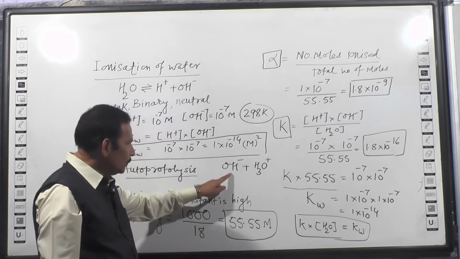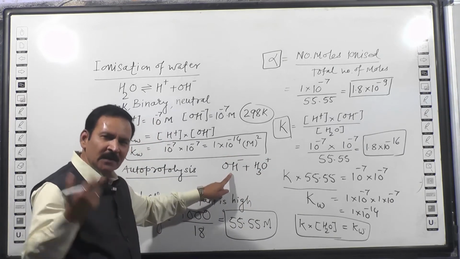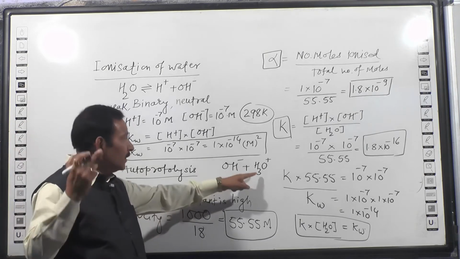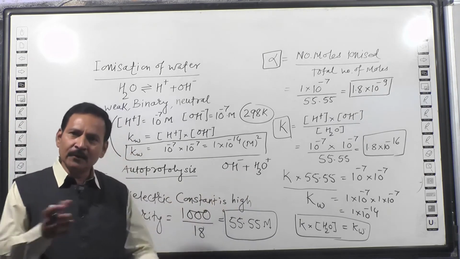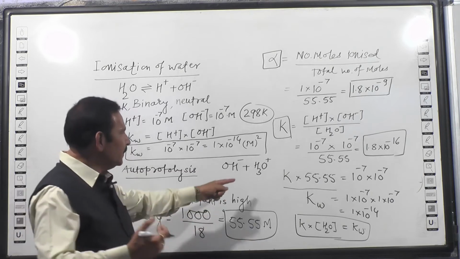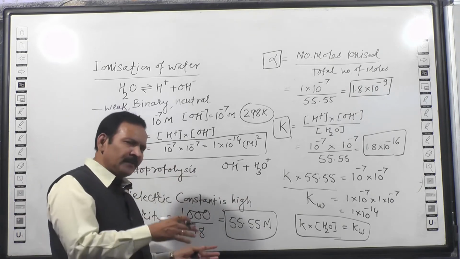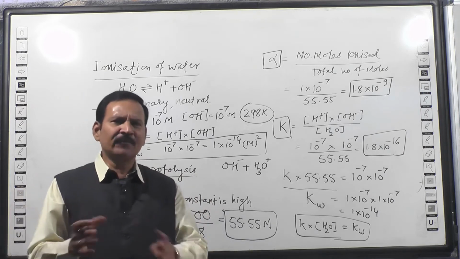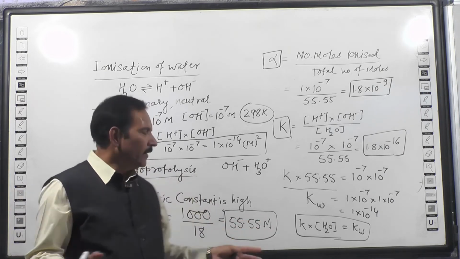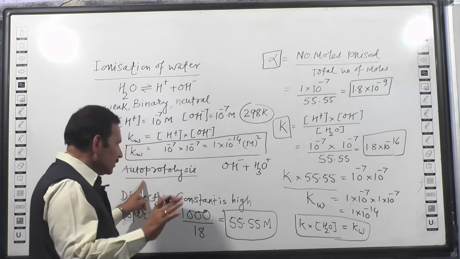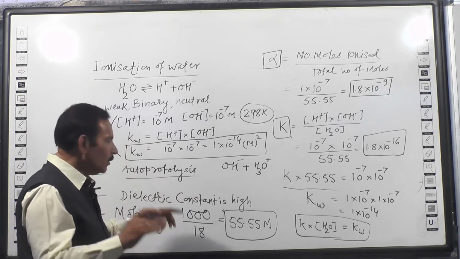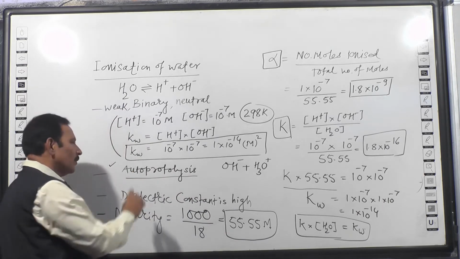So one water molecule is converted into OH minus, that will work as acid. Another water molecule is converted into hydronium ion by accepting proton, that will be treated as a base. So water itself acts as a base and acid, amphoteric nature, and that's why no external agent is required for the formation of proton. So autoprotolysis of water takes place.